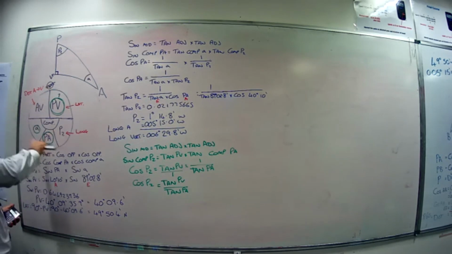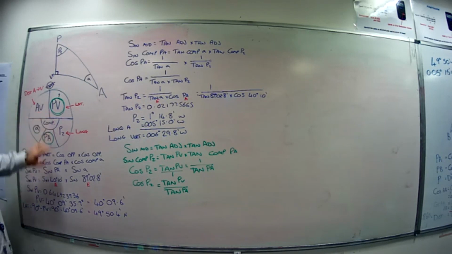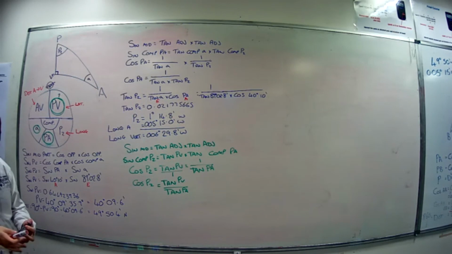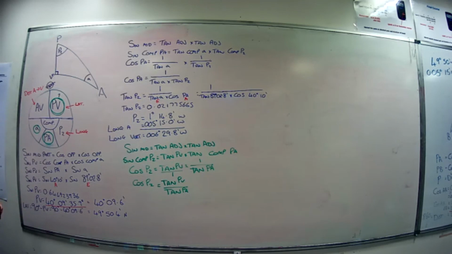Every time we take a number, we carry it forward. If we rounded it all, we're taking a chunk off that wheel. We need to balance it. The way to balance it is to use PV to the infinite decimal place. You'll notice I wrote it out as 40 degrees 09 minutes 35.9 seconds, but I applied 09.6.